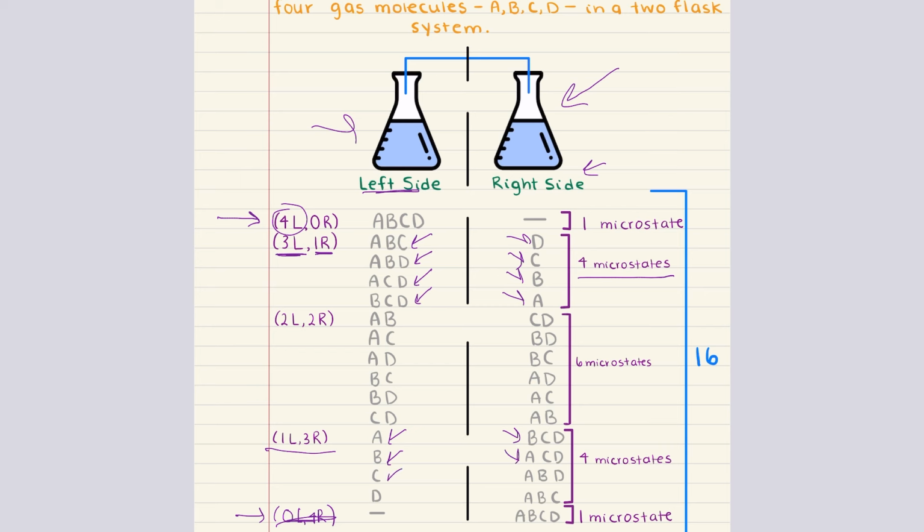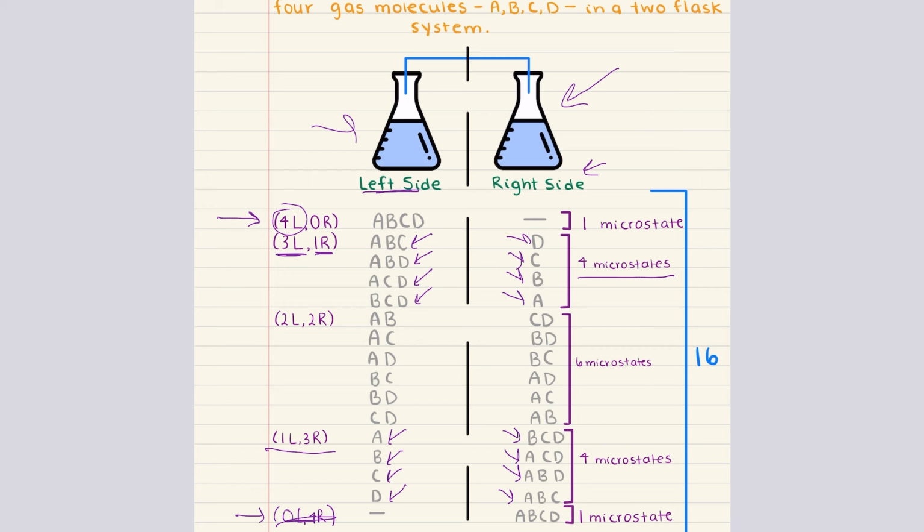We can have C on the left and ABD on the right, or we can have D on the left side and ABC on the right side. So for this scenario of 3 molecules on one side, 1 on the other, there are 4 microstates for each configuration, totaling 8 microstates. So 2 plus 8, so far we have 10 microstates.